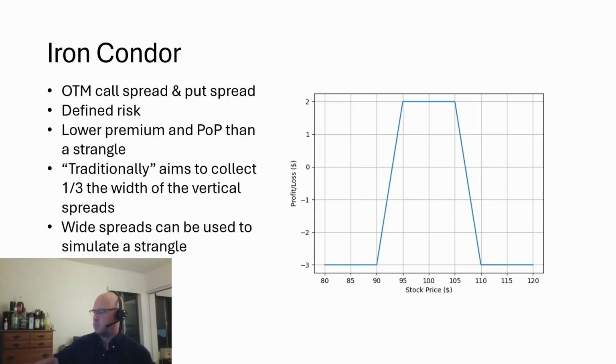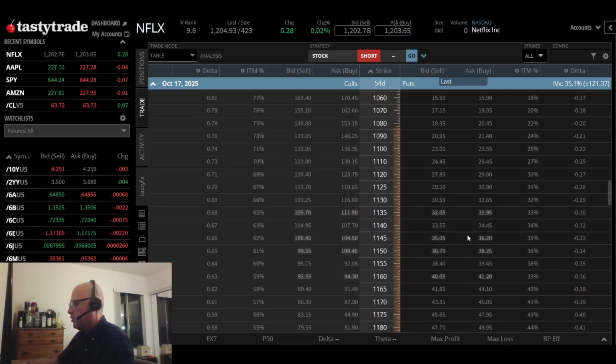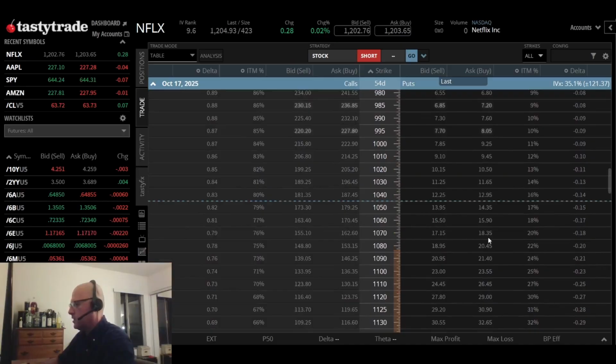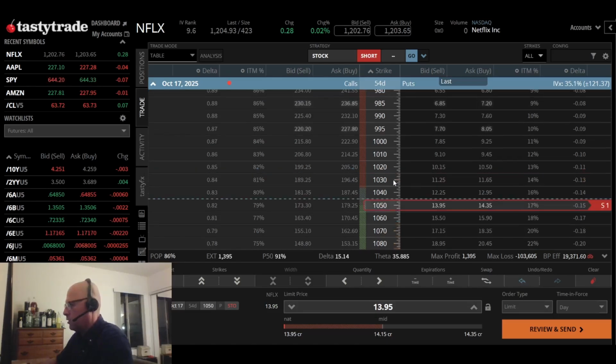So let's go back to Tasty and set up an iron condor. So we need to sell a call and put spread. So I don't know what we want to sell. Let's go $20 wide. So the most the spread can be worth would be $20 or $2,000 per one lot.